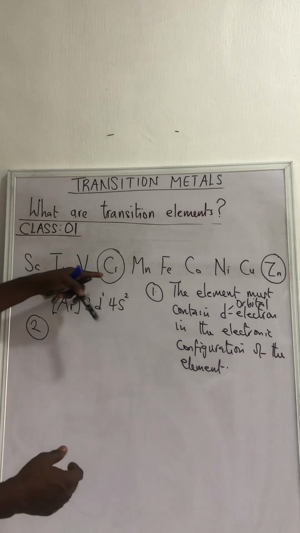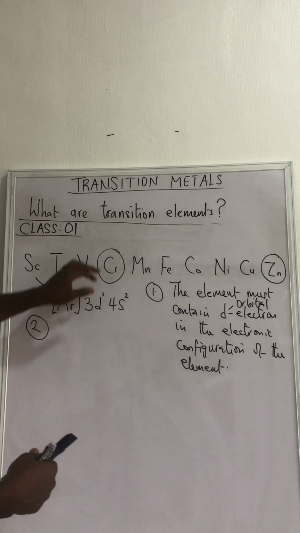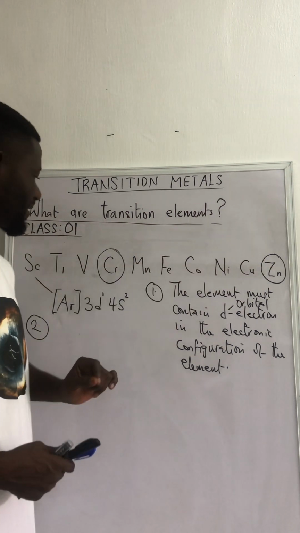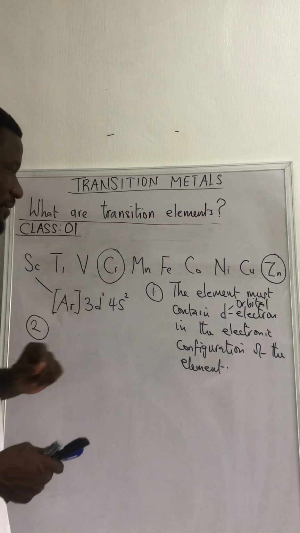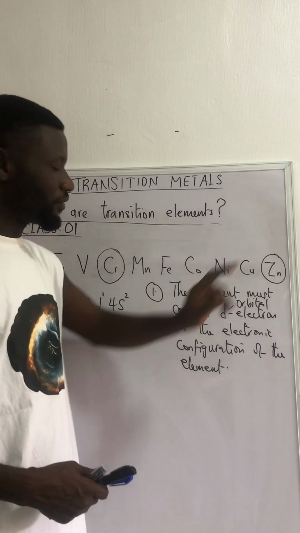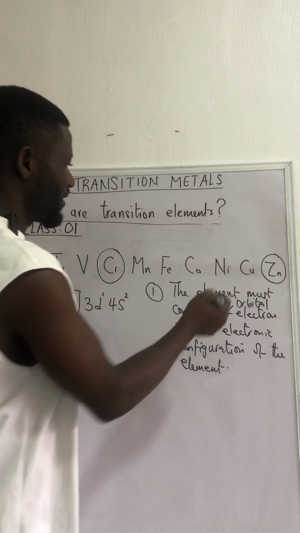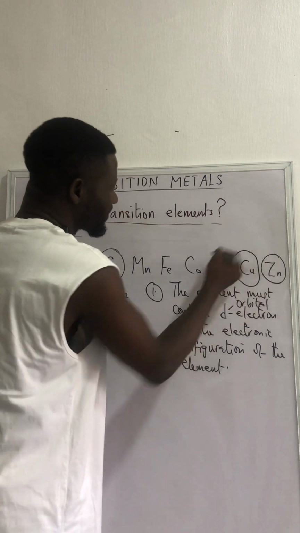If you look at the electronic configuration of chromium and zinc, this one is still better because this one is not fully filled. But here, this one is fully filled. Yes. Even copper is also fully filled.